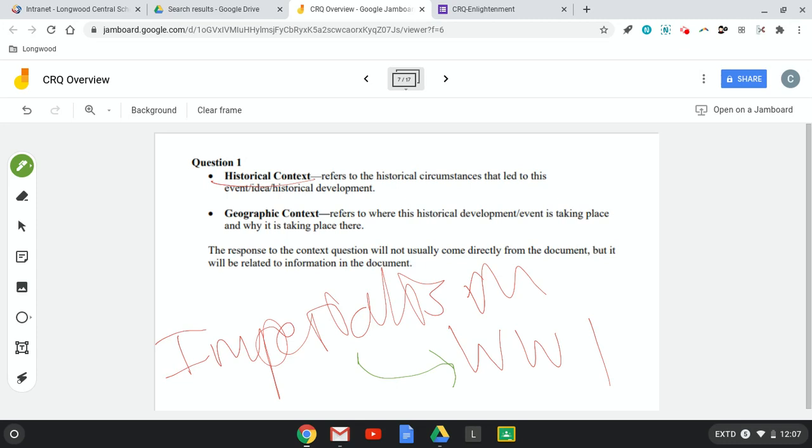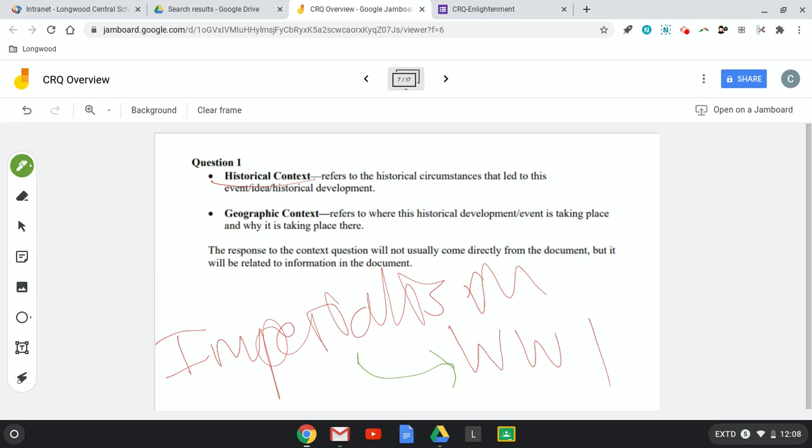What did we study previous to World War I? Imperialism. Imperialism brings us to World War I, World War I brings us to the period between the wars, and the interwar period brings us to World War II, and so forth. We'll cover this more when we practice in class.